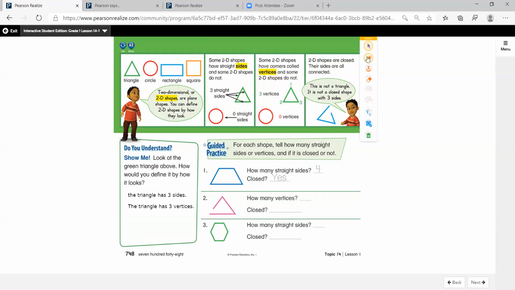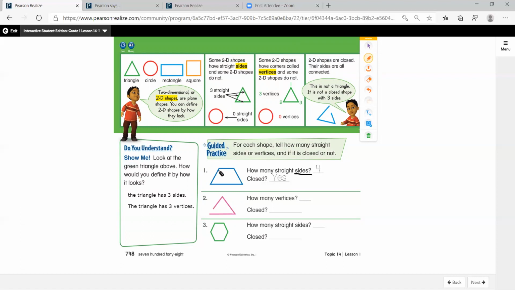Let's take a look at number 1. For each shape, we're going to tell first how many straight sides or vertices it has, depending on what the question asks, and then we will answer yes or no if it is a closed shape. So number 1 says, how many straight sides?